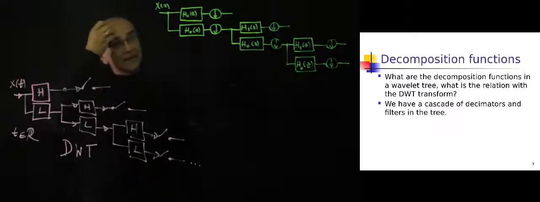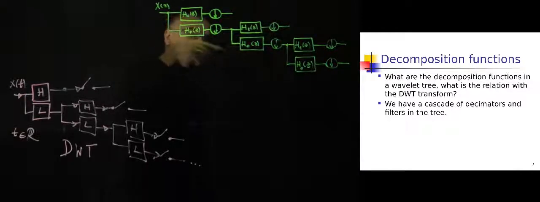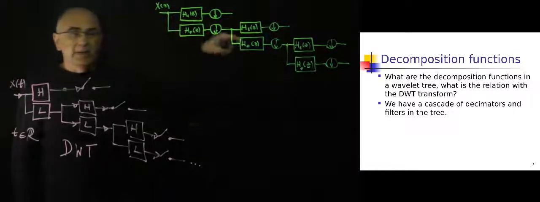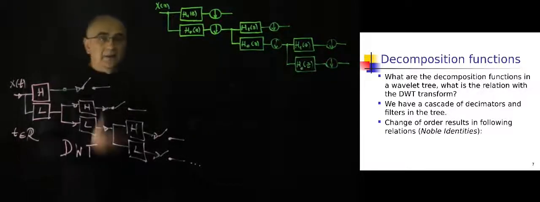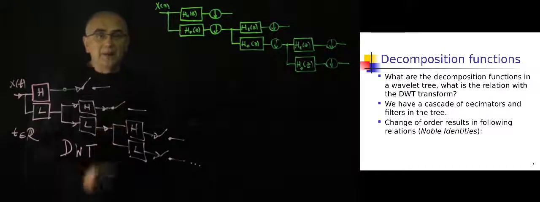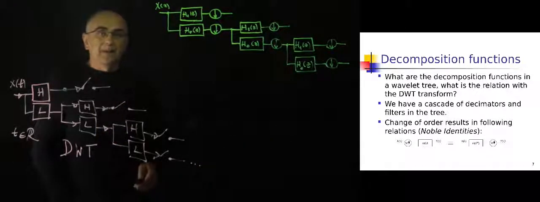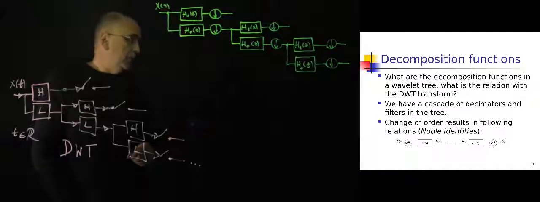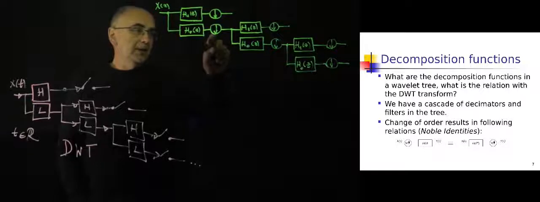So our plan is somehow to move the decimators through the linear filters from the input side to the output side. What is going to help us is called the noble identities. We can see them in their general form, so we can move a decimator which is actually applied before the input of a linear system to its output.